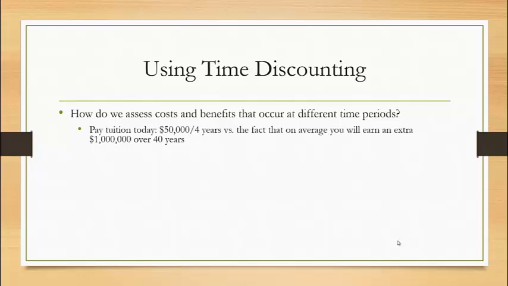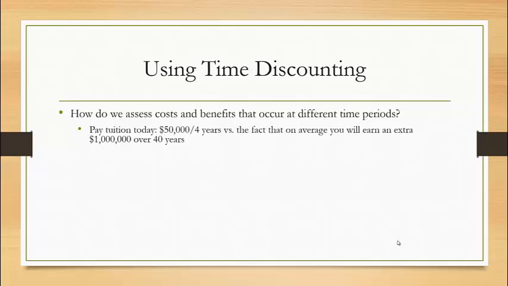And so for a lot of people, they say, well, the cost is immediate. I'm going to have to pay it out of pocket. And the value of it, the benefit of it, is going to be a long time coming. Not to mention that $1 million over 40 years, because of inflation, is not really going to have the same value that it has today. It's going to be significantly less money. So a lot of people look and they say, well, college is too expensive, right?